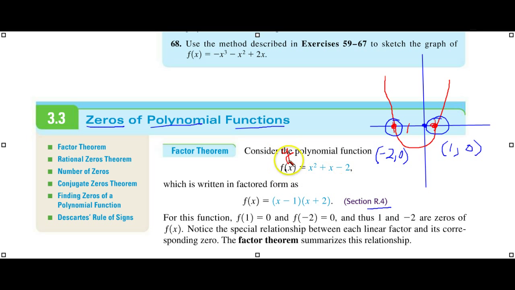If we said y was 0 and we factored that, we would get the factors, and set each of these factors equal to 0. Here x would be a positive 1, and here x would be a -2. We proved it by the graph and through factoring. So this is one of the tools in our tool chest to find the zeros of polynomial functions. We're going to be able to factor it.